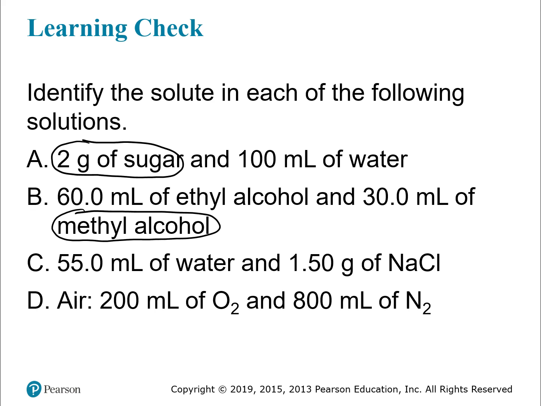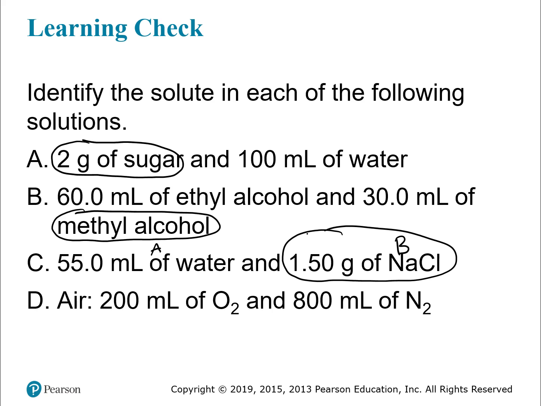For C, we've got 55 milliliters of water and 1.5 grams of sodium chloride. You can say A or B: the water is A, NaCl is B. Which one is the solute? Yeah, the salt is going to be the solute.